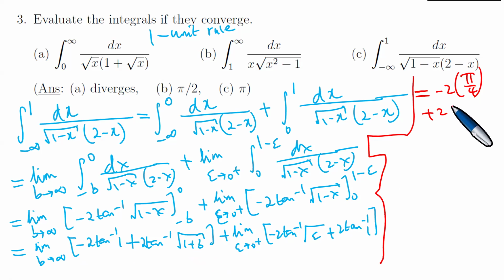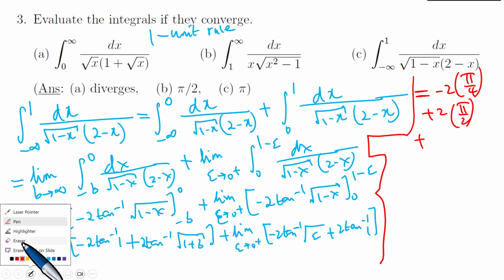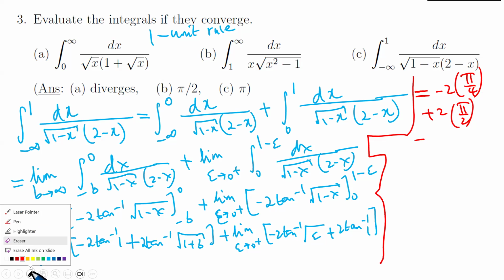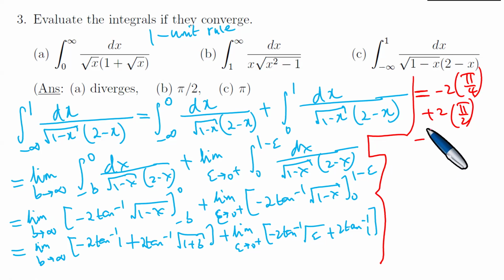Arctan of infinity is pi over 2 radians. Okay, minus that. Arctan of 0 is 0.